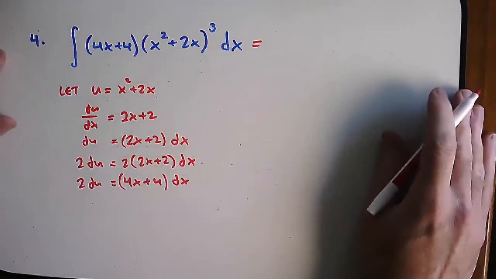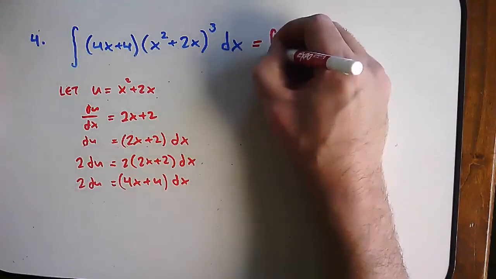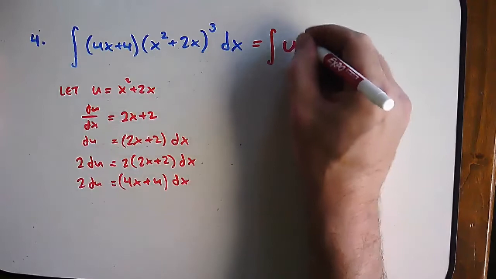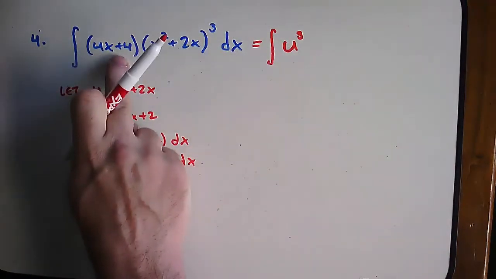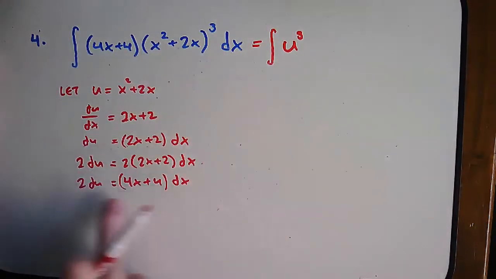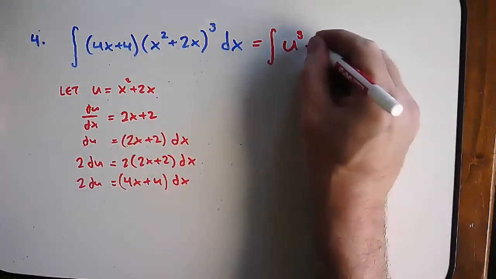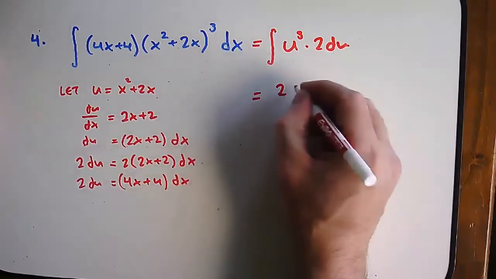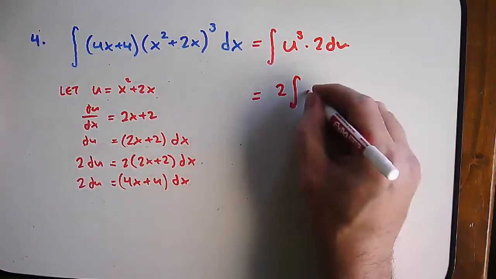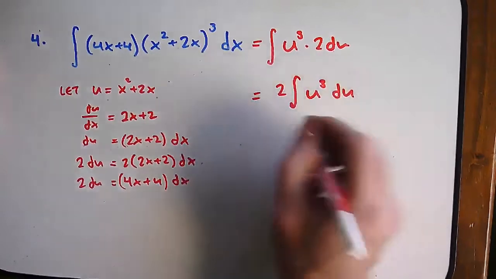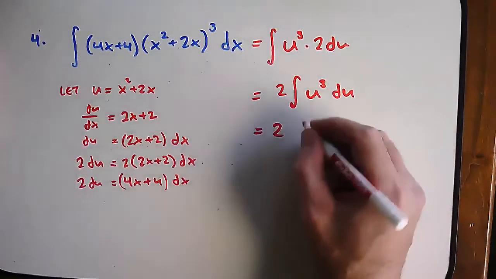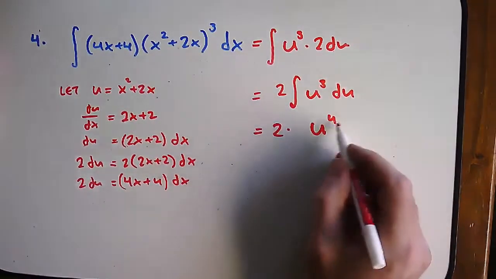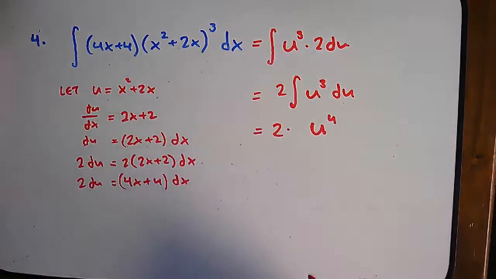Now I'm going to rewrite my integral in terms of u. So what do I have? I have a u cubed. And then this 4x plus 4 times dx, that's equal to 2 du. So u cubed times 2 du. By constant multiple rule, I can factor out that 2 outside the integral. Power of u, we're going to increase that by 1. So 2 times u to the 4th power, and then multiply by 1 over that new power.